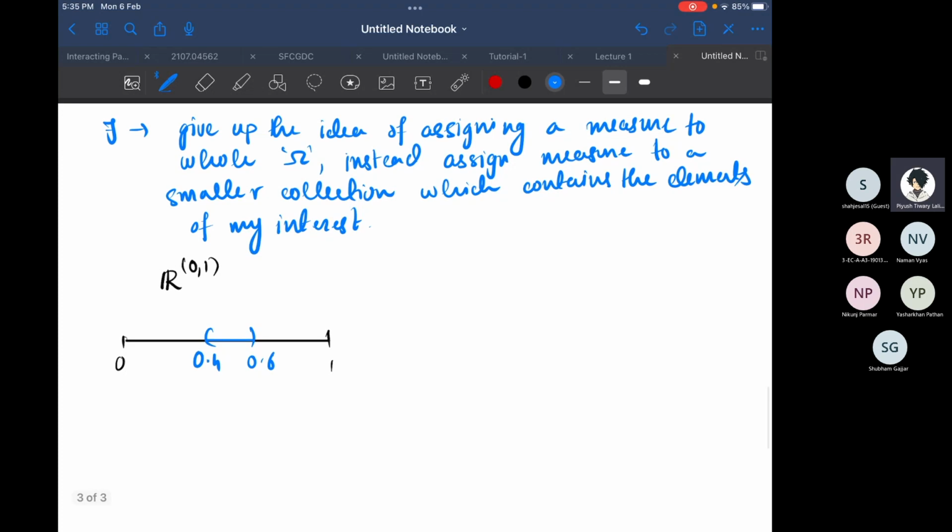I just want to deal with a collection of sets which contains these types of subsets, like 0.4 to 0.6, or a collection of subsets which has elements like 0.4 to 0.5 union 0.5 to 0.6, 0.8, weird things like these intervals.